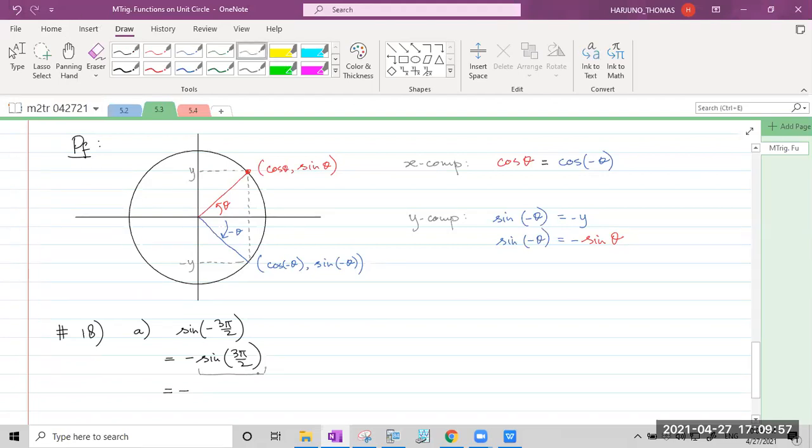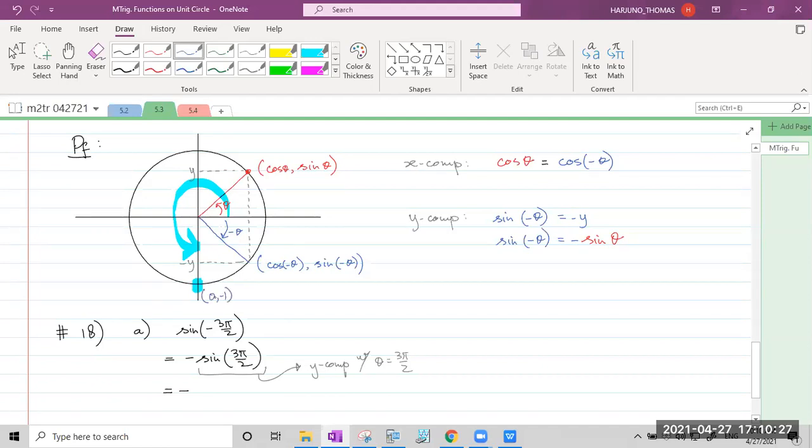Sine 3 pi over 2 is the y component with angle equal to 3 pi over 2, right? Let me borrow the graph from above. This is 3 pi over 2. Okay, that's the angle 3 pi over 2. The corresponding coordinate is this, right? That's (0, -1).